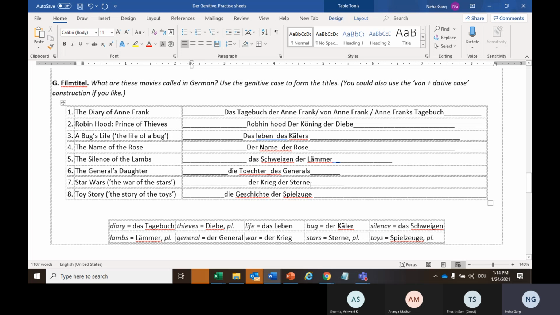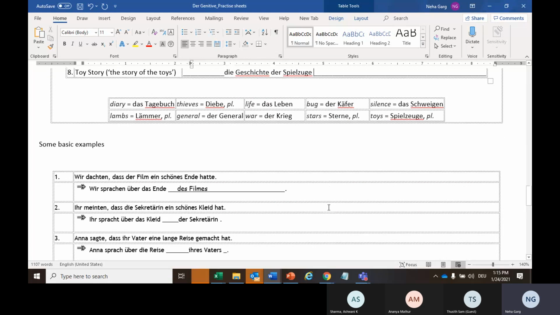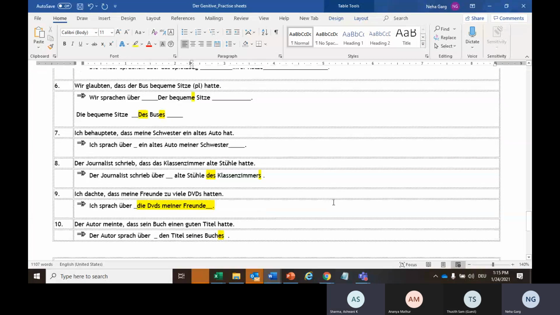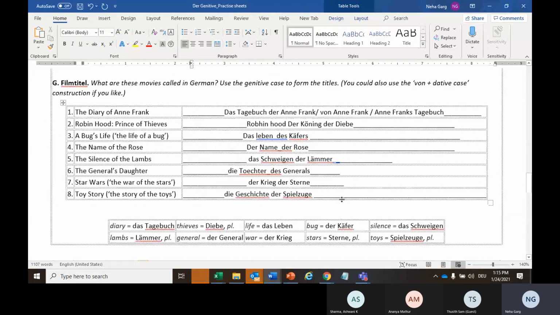Now, any confusion, any question with anything we have learned so far? Any clarification on how we are using genitive? If no, then we will wrap up the class and then I'll make a separate sheet for your practice for genitive only.